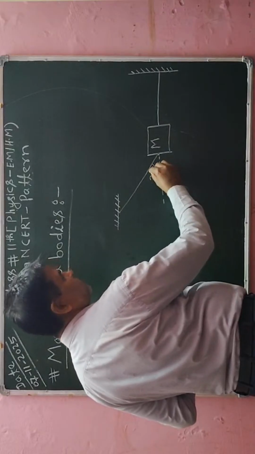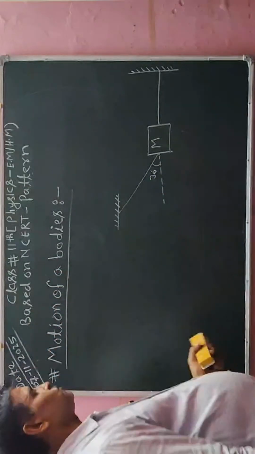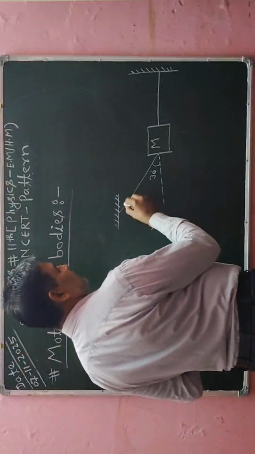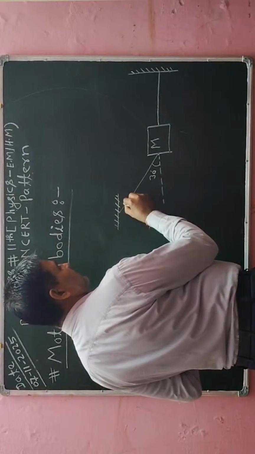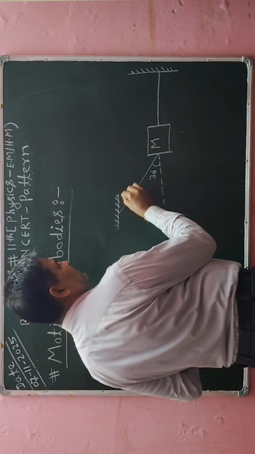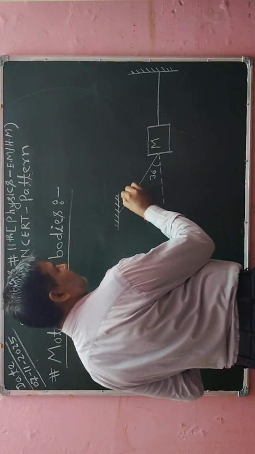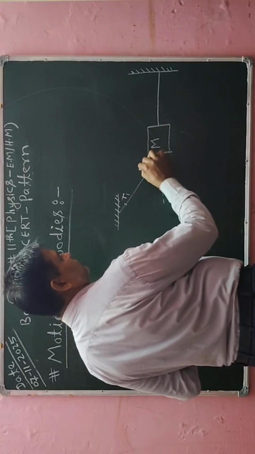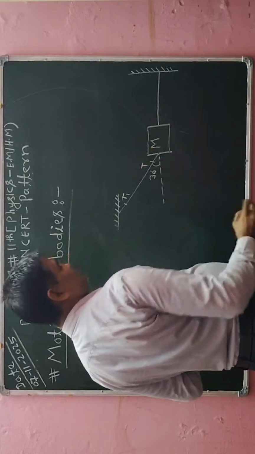Okay students, now we have to calculate the tension which will exist in this string. Here there will be tension T1, and here also tension T1 which exists in the string.